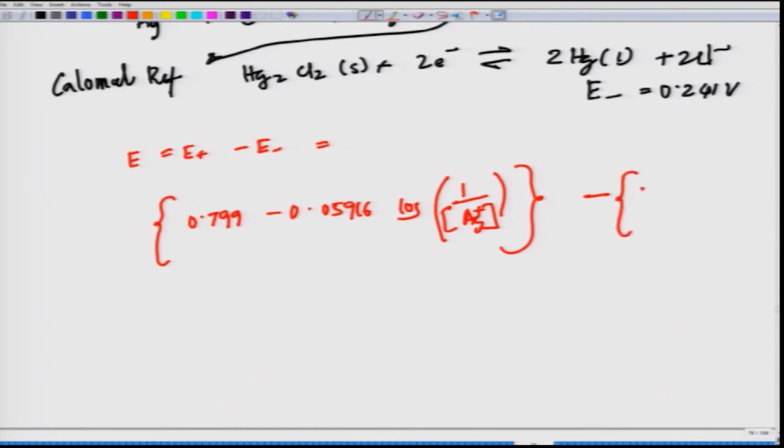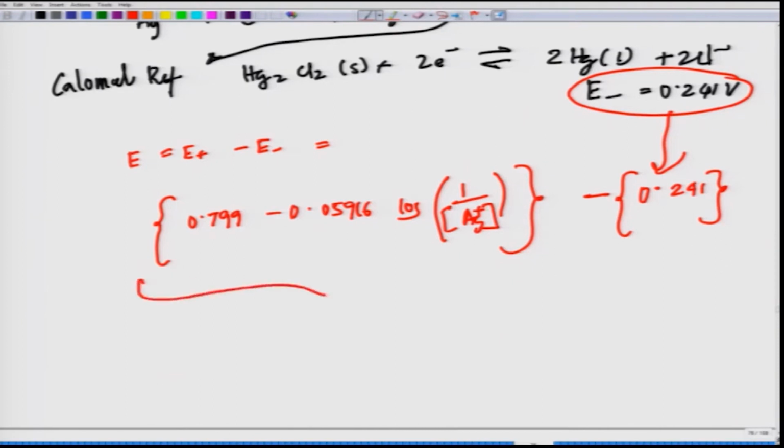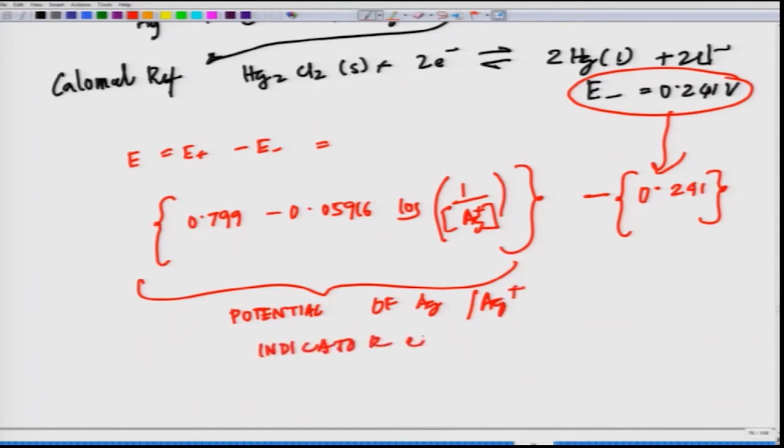minus 0.241, which is this value, which is potential of the standard calomel reference electrode, and this is essentially your potential of Ag plus indicator electrode.